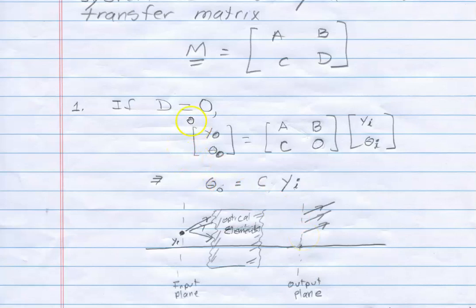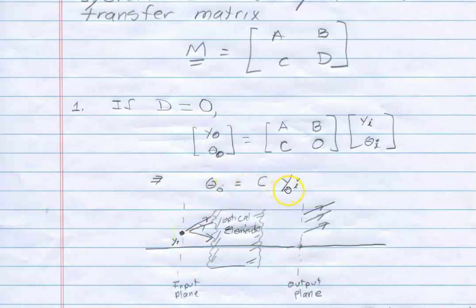But the interesting thing about the case when the element D in the ABCD matrix is 0 is that the last term, theta naught, is just C y naught. Here I've got yi, the height above the optical axis at the input plane.